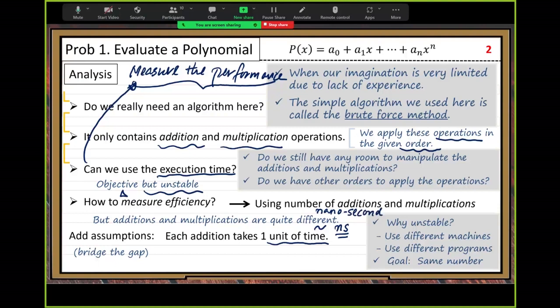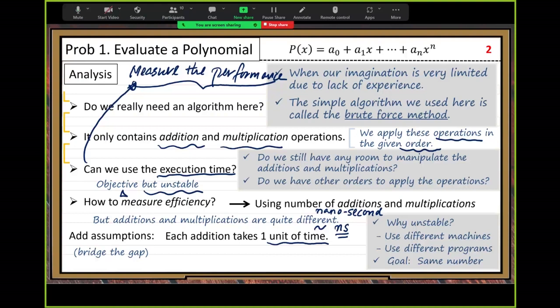Do you know how large it is? 1 nanosecond. How large is 1 nanosecond? Do you have any idea? So 1 millisecond, 1 microsecond, and 1 nanosecond. That's small.